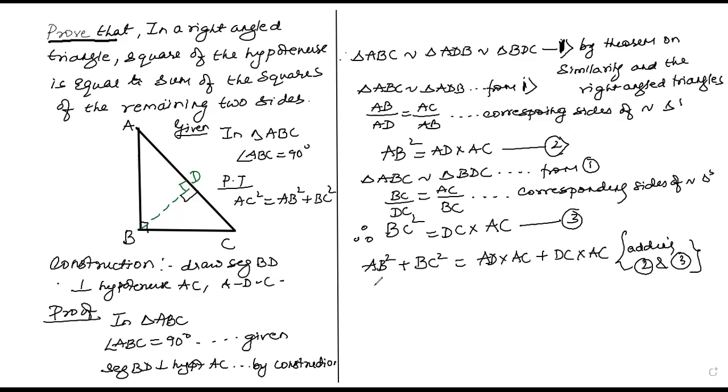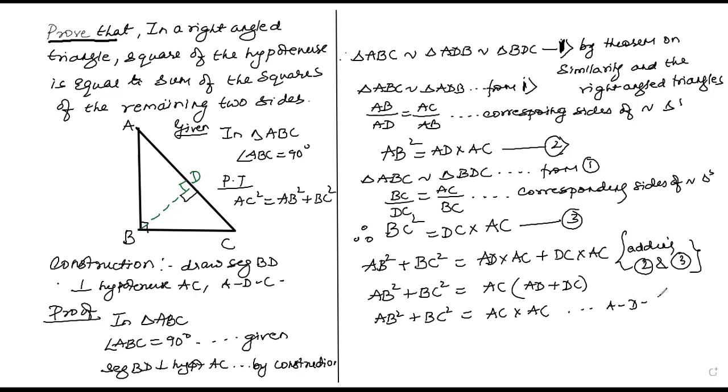Now listen here, we have not got the answer yet, but very soon we'll get it. What is common in these two? AC is common. So AD plus DC. Now AD and DC, when you add, you get AC. So AB square plus BC square is equal to AC into AC, which is AC square.